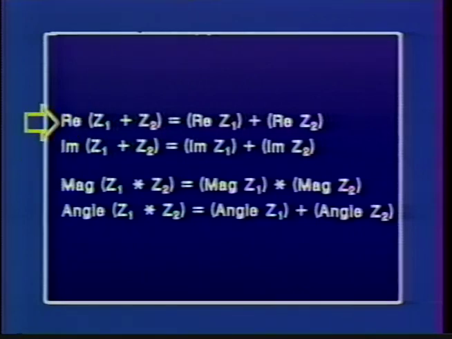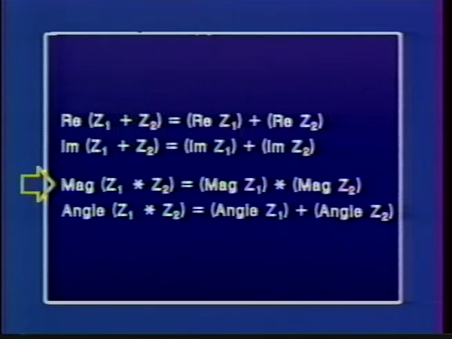The real part of z1 plus z2 is the real part of z1 plus the real part of z2. And the imaginary part of z1 plus z2 is the imaginary part of z1 plus the imaginary part of z2. So it's pretty easy to add complex numbers. You just add the corresponding parts and make a new complex number with those parts.